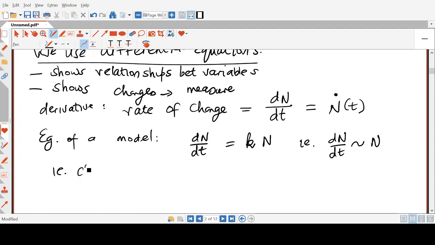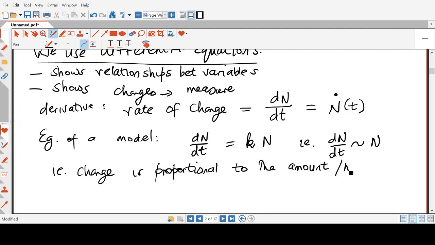That is, the change is proportional to the amount, or the number. So as the number of a certain species changes, the rate also changes in proportion. That's an assumption, and that's why it gives rise to a certain type of model. It's known as the exponential model. Can you think of any models that behave that way?